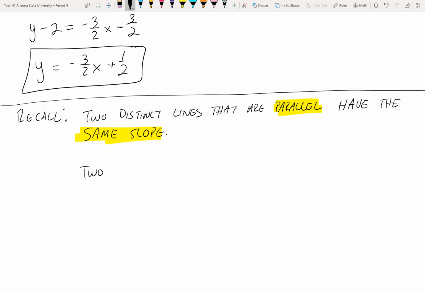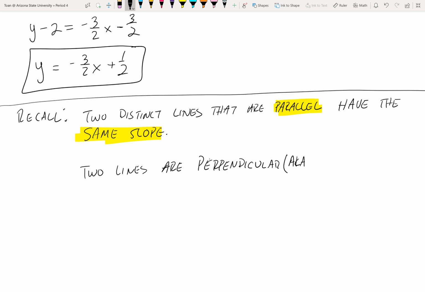And you guys can probably guess what the other recollection is. Two lines are perpendicular. This is a C, not an L. Now, this is pre-calculus. The higher in math you go, the more fancy the words become.